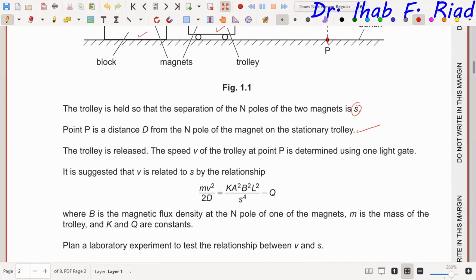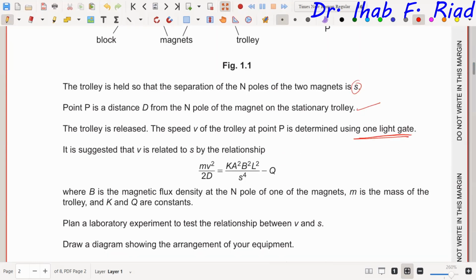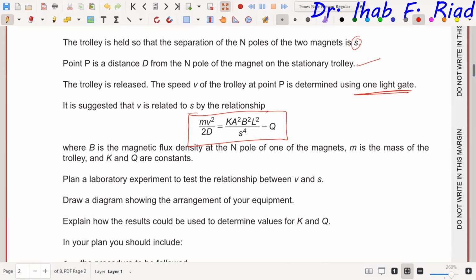The trolley is released. The speed V of the trolley at point B is determined using one light gate. This is important. It is suggested that V is related to S by the relation given here, where B is the magnetic flux density of one of the magnets, M is the mass of the trolley, and K and Q are constants, right?